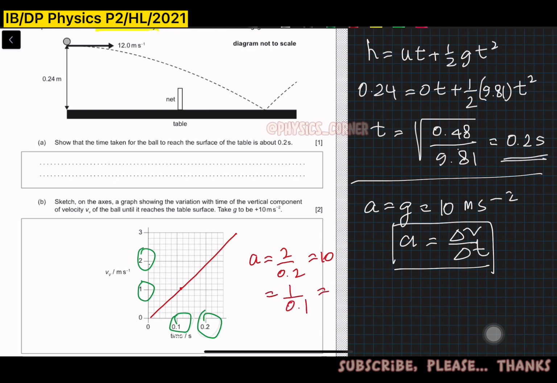It means this is acceleration, gravitational acceleration. That's it. So the graph is like this one. Okay, that's it. So let's continue to the other question.